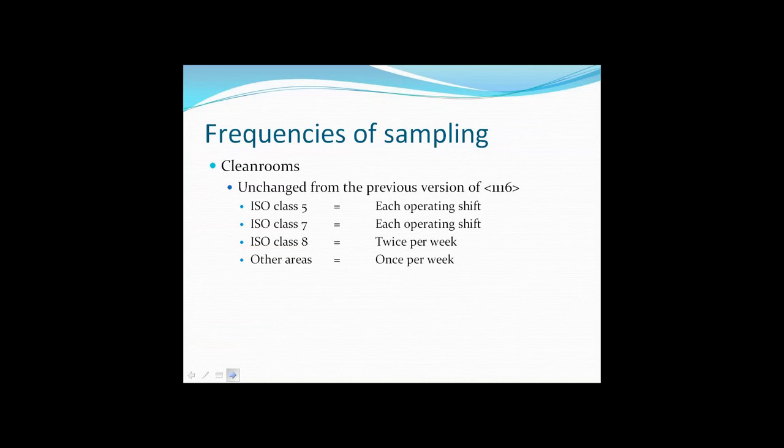For the ISO Class 8, which is our EU GMP Grade C area, it recommends carrying out environmental monitoring twice per week. And then with other areas, which by inference is the EU GMP Grade D area, because there's no direct equivalence for that area within the USP, it talks about monitoring on a once-a-week frequency.